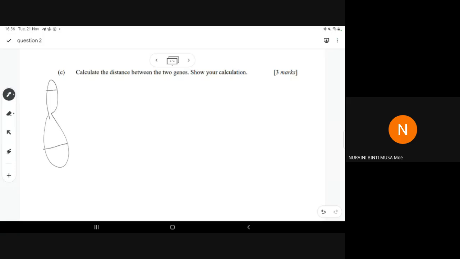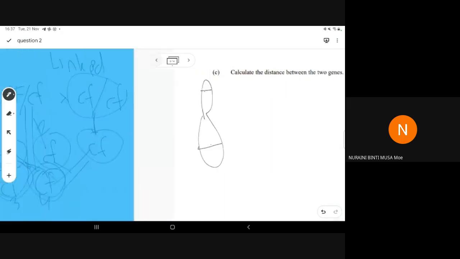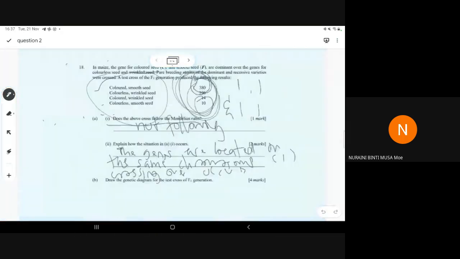It's on the same chromosome. Mungkin kat sini dengan kat sini. So we can calculate the distance between the two genes by looking at the number of hybrid recombinant dan juga parental. Okay, the recombinant hybrid again, recombinant ialah yang gabung mak dengan bapa dia, is the key to getting the distance between the two genes. How do we get the answer?